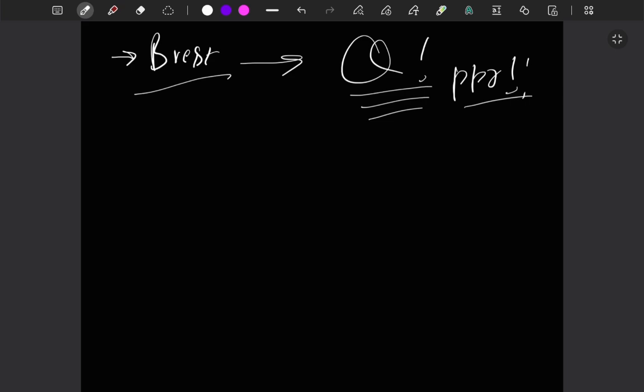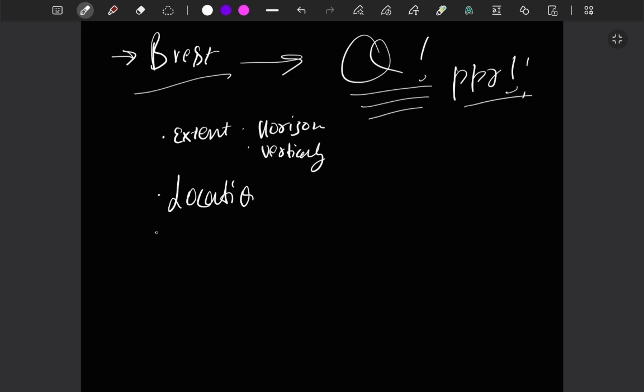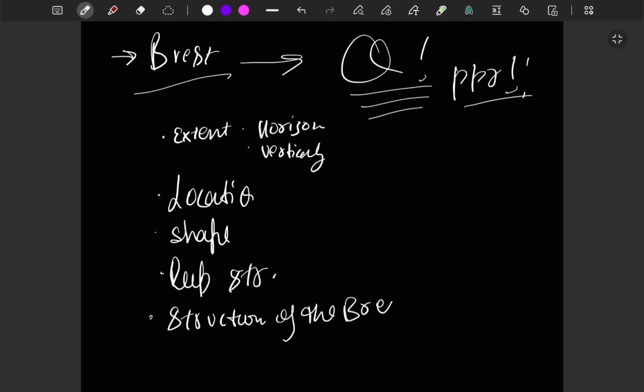In the breast we should know the extent, horizontally and vertically, the location, shape, deep structures, and structures of the breast.